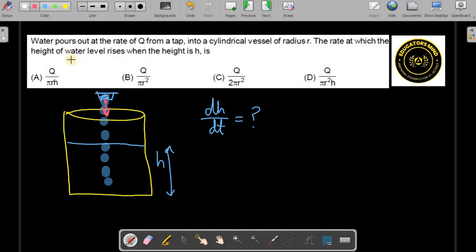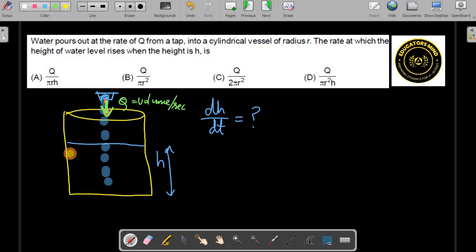What does Q mean here? When you are counting the rate, Q is the volume per second. Q is nothing but the volume per second, how much volume of water is falling down per unit time. So this is the volume flow rate.